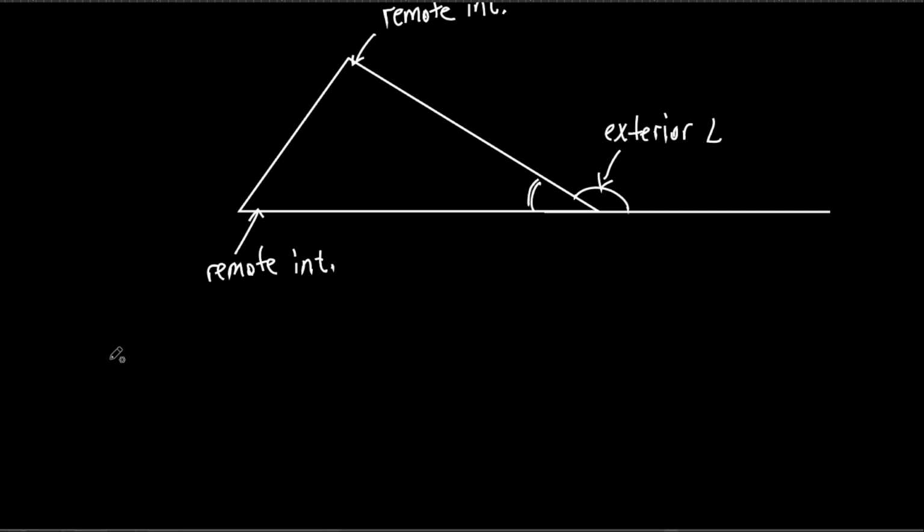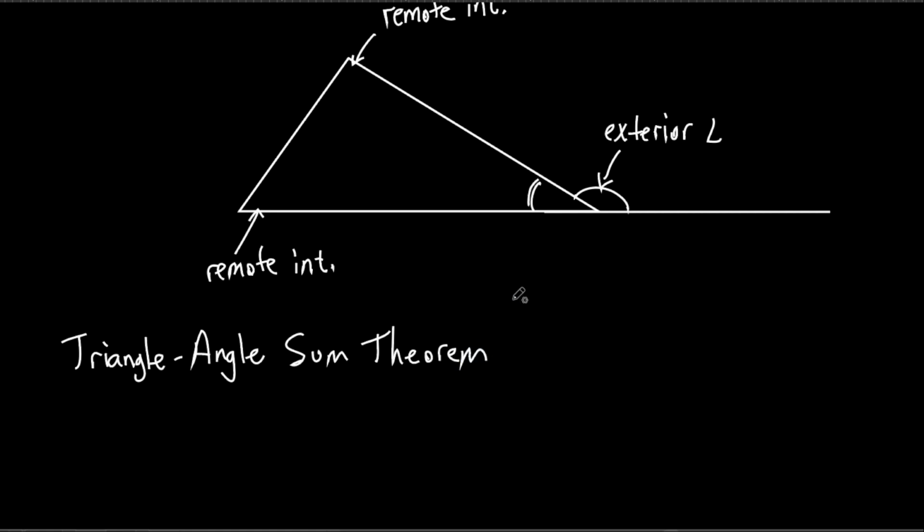All right, so this is called the triangle-angle sum theorem. Write it down. Okay, what does the word sum mean when we're talking about math? It's addition. So we're going to add a couple things together, right?